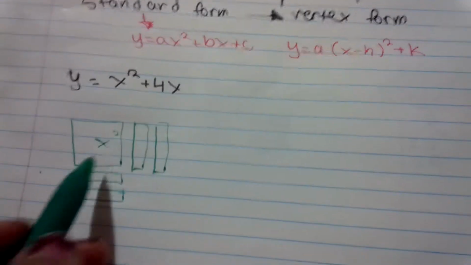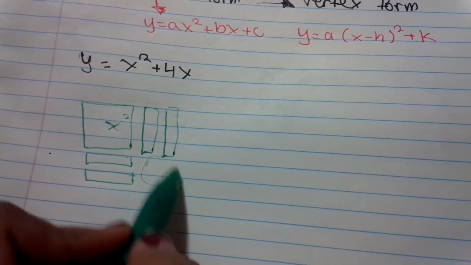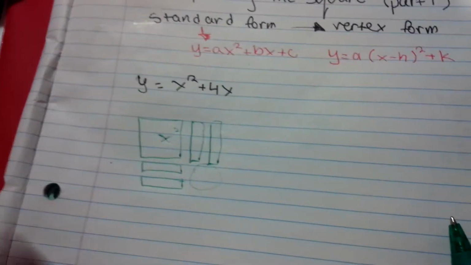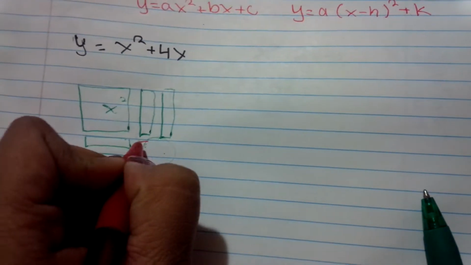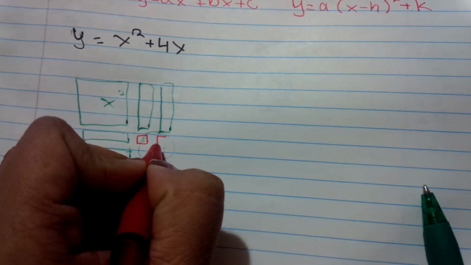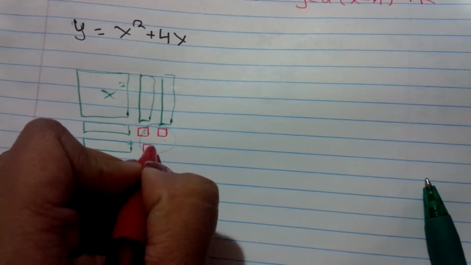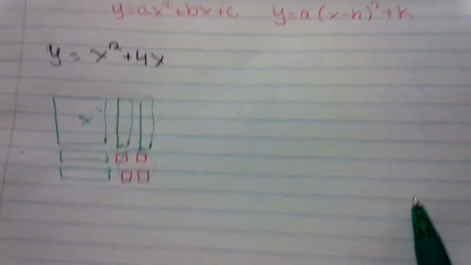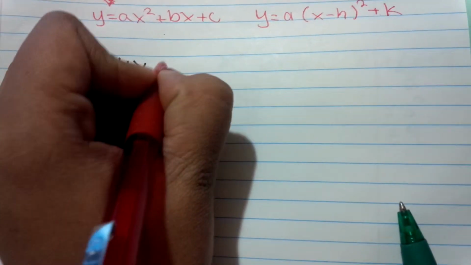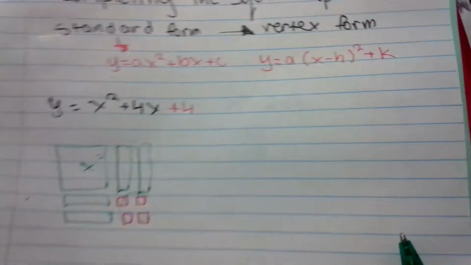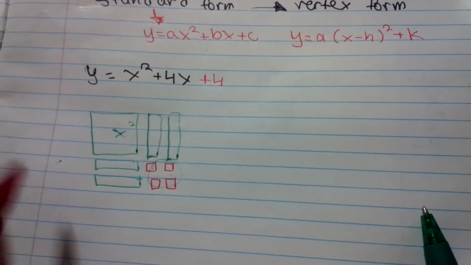It's not, because see, there is this missing space over here. So let's fill it up. Let's see how many tiles we need to fill it up. 1, 2, 3, 4. So now we know that we're missing 4 tiles to make this a perfect square.